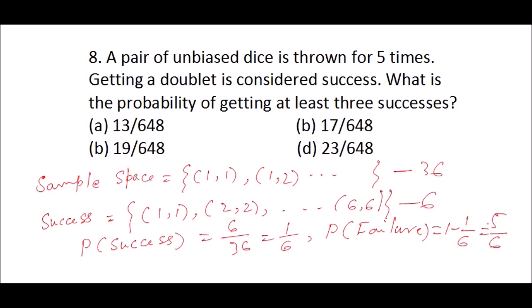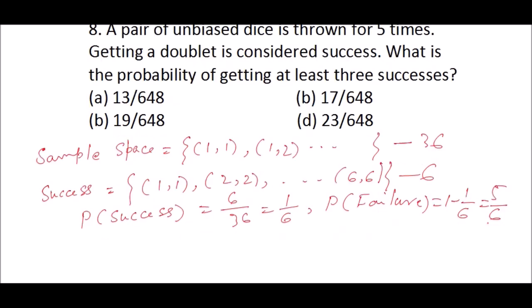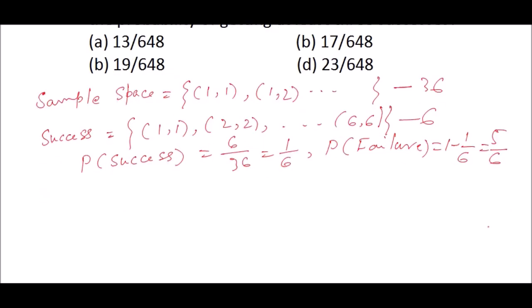Now we have to get at least 3 successes. Therefore, our required probability is 3 successes out of 5 throws. Therefore, 5C3, and this is the probability of success, and this is the probability of failures.